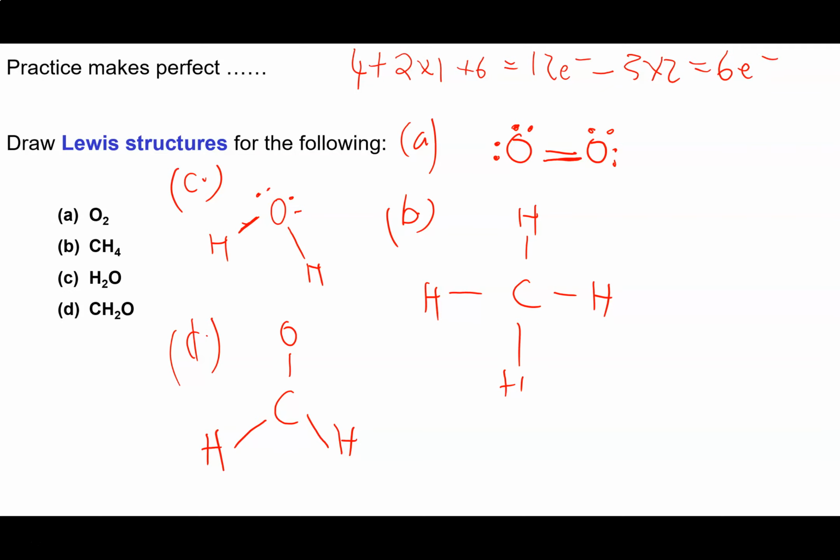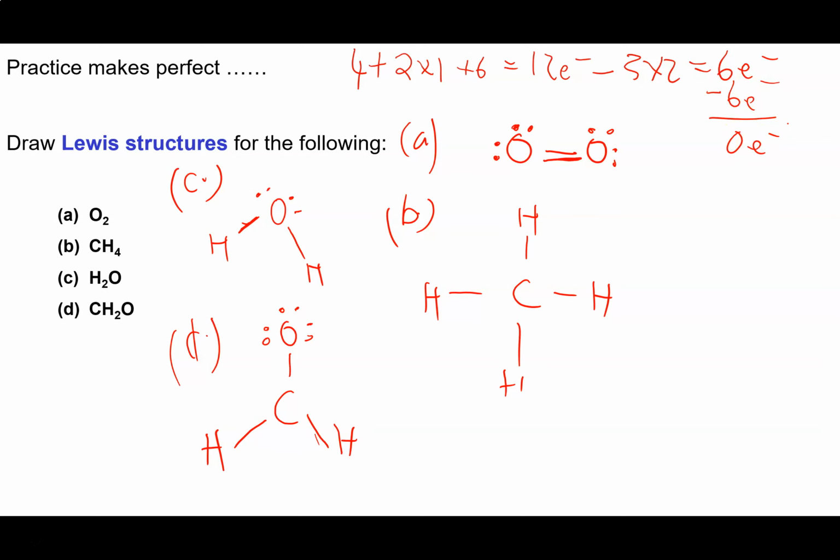So I'm at step 3 now, I think. So what I've got to do now is complete the octet on my outer atoms here, or step 4. So hydrogen is happy with 2, because it's got 2 shared electrons there, and then the oxygen only has 2 and it wants to get to 8, so I've got to put 3 lone pairs on it. So take away 6 electrons and that leaves none.